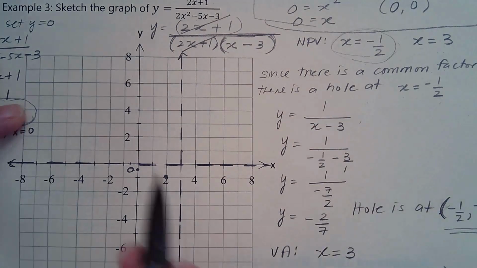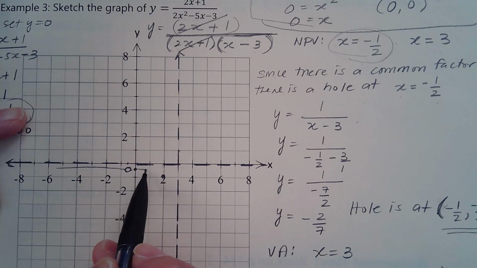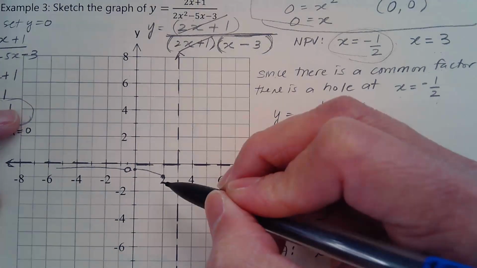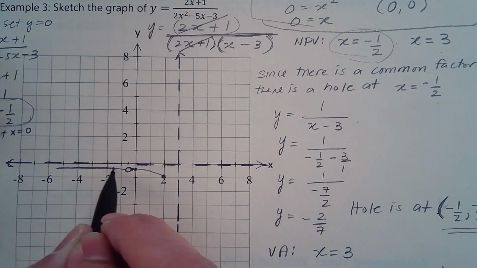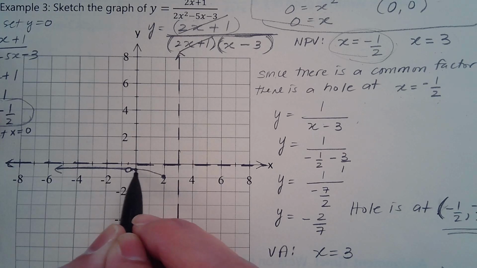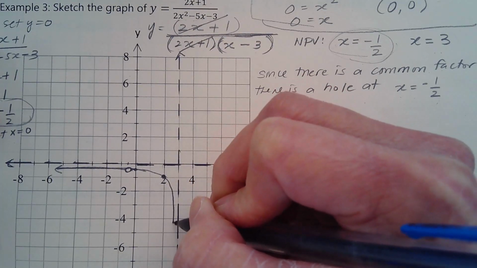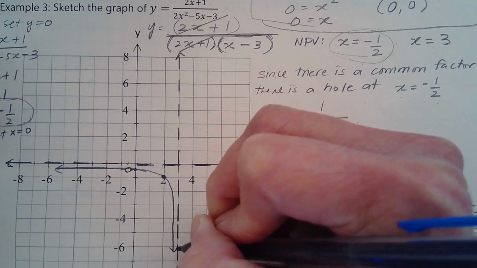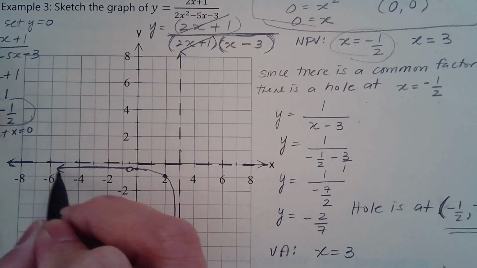So our graph would approach this way. It goes through the hole, right? It's not a permissible value, but it goes through it. You still have to draw that one. So make sure, I'm very picky.